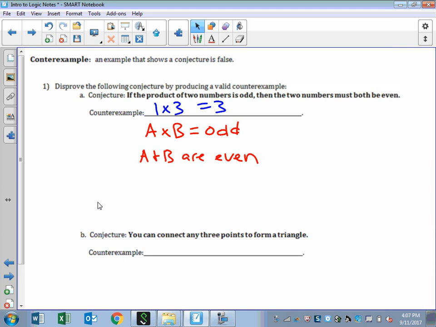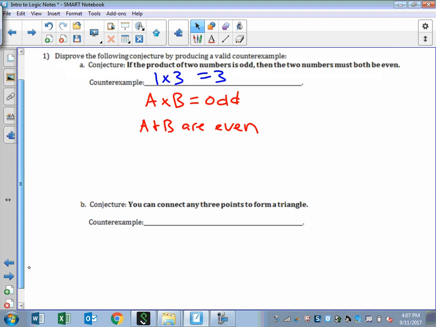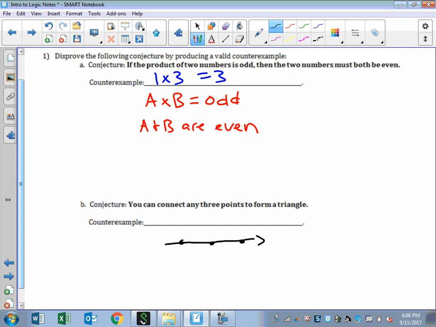Look at the second one. We have: you can connect any 3 points to form a triangle. So I'm going to draw 3 points and see if it makes a triangle. Actually, we know an easy one. If you draw 3 points in a straight line and connect them, that doesn't make a triangle.